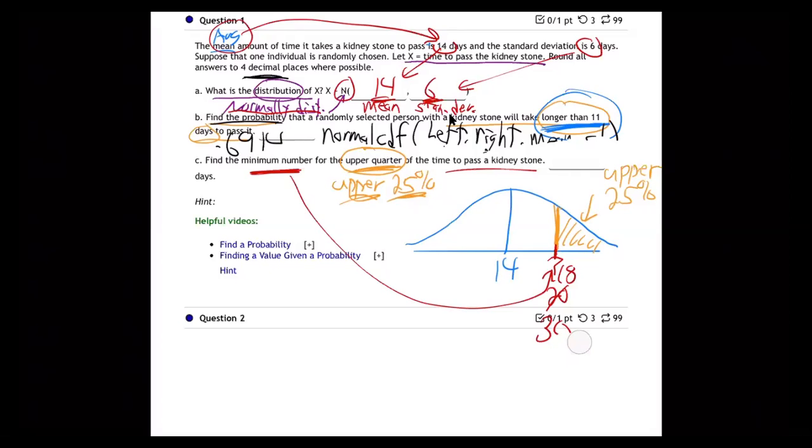We're trying to find how many days for passing the kidney stone puts you in the upper 25%. Find the minimum time to pass a kidney stone that puts you in the upper 25%. Well, how in the world do we find that? Well, we use the calculator. The calculator knows all about this normal curve. It's got all the values inside of it. So we let the calculator do the work.